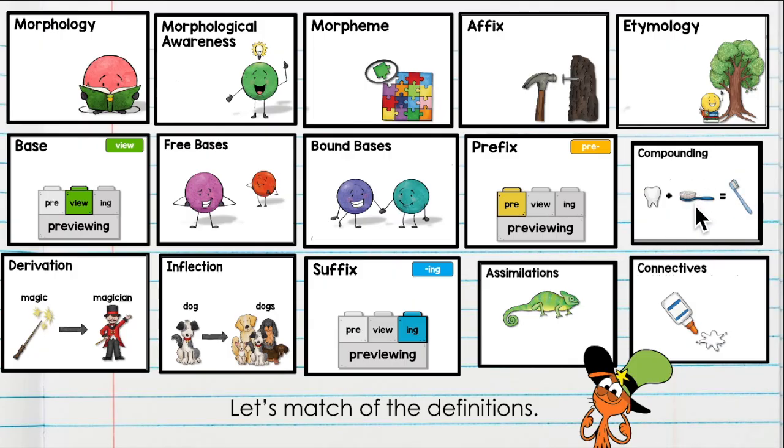And we'll take a look at that. Compound words are really fun. Now, we're going to talk a little bit later about derivation and inflection. I'm going to pause on those definitions for right now because they deal with suffixes predominantly. So we'll wait until we get to that section to talk about the difference between those two.